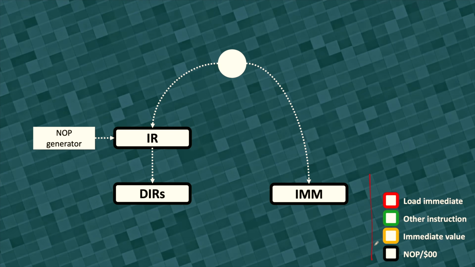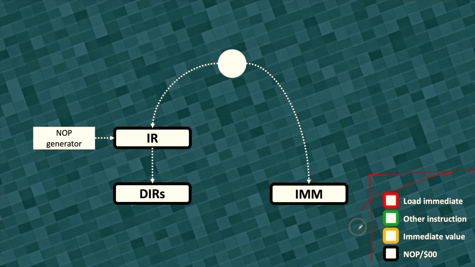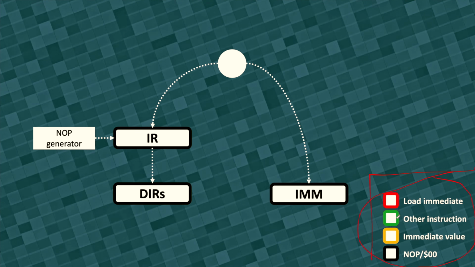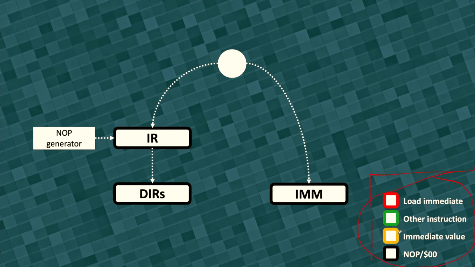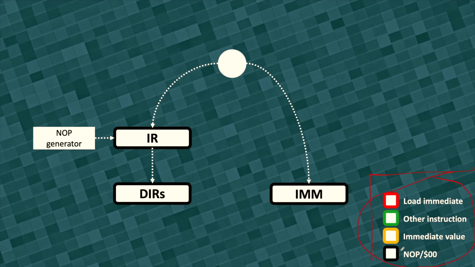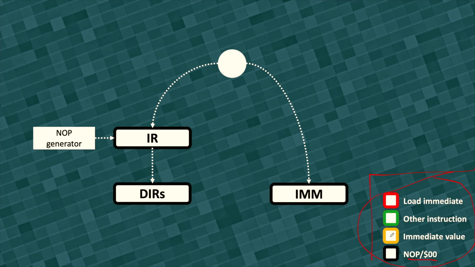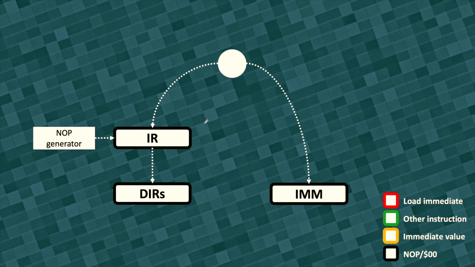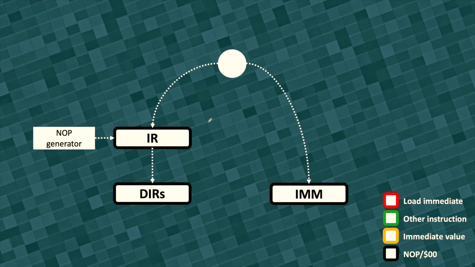This is the convention that we were using before. It's the same. Red is a load immediate opcode, green is another opcode, yellow is the actual immediate value, and black is a no op or 0x00. So we come out of a reset state, everything is black. Everything is a 0.